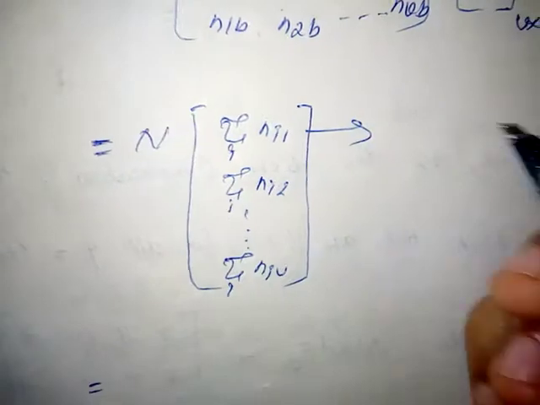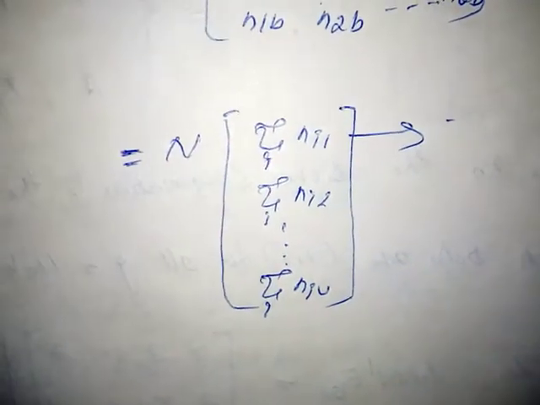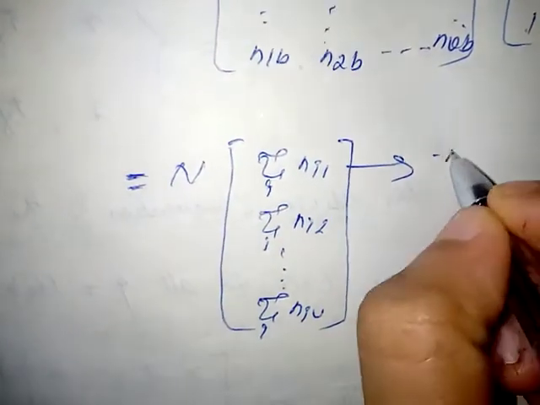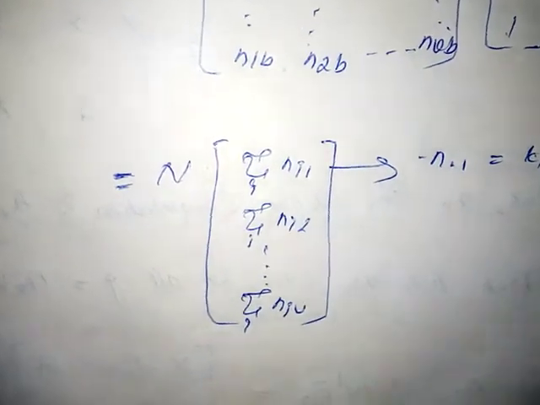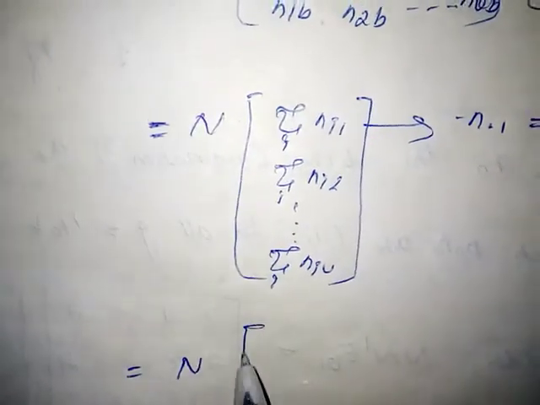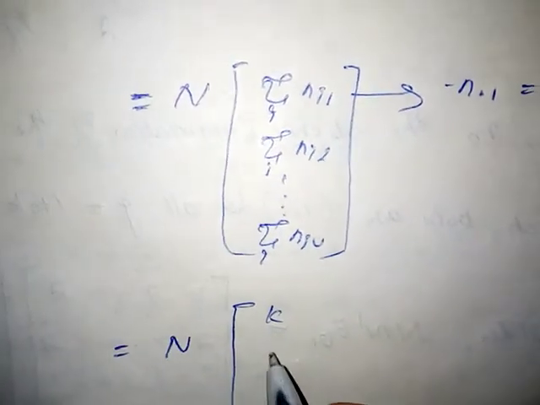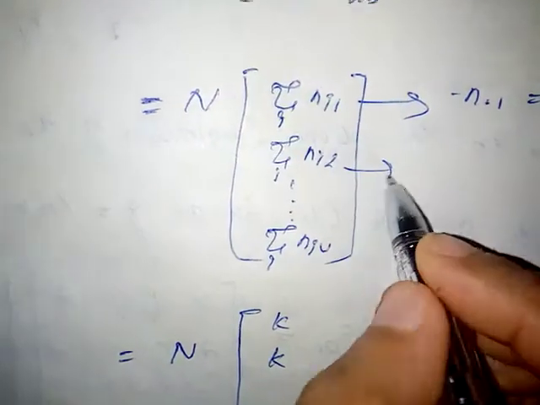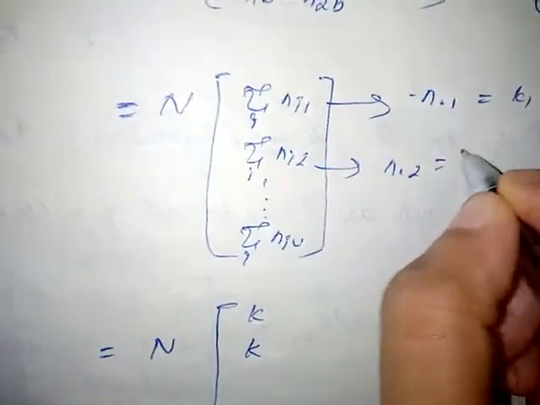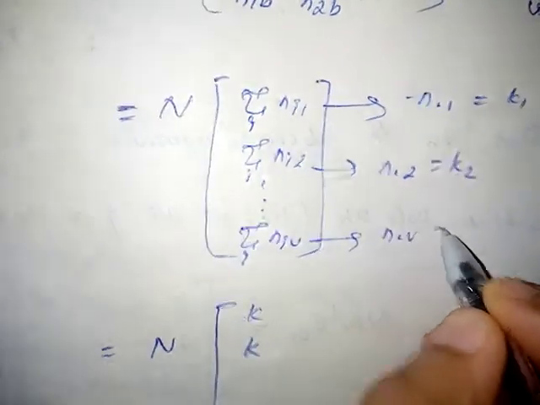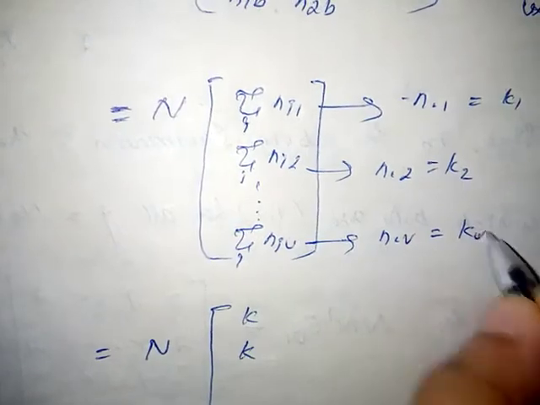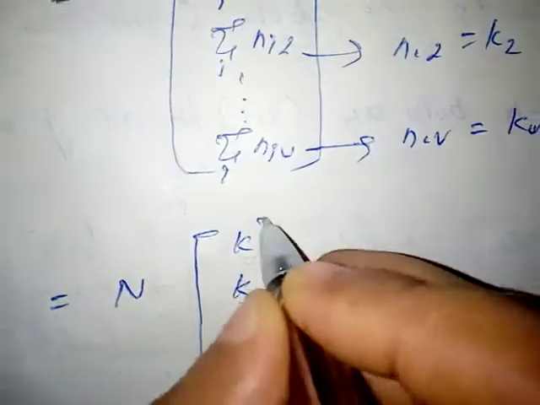What is summation over i of n_i1? It is n dot 1, right? It is equal to k1. Here we can write N into k, and the second one n dot 2, that is k2. Similarly, n dot v is equal to kv. You can write it as k here.